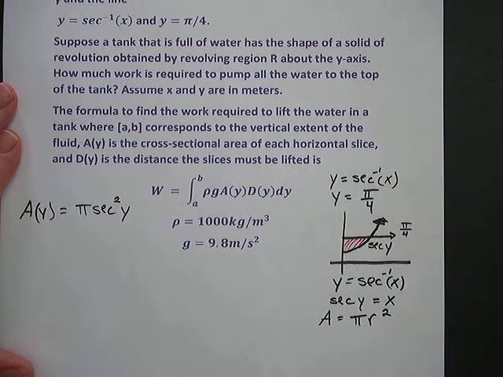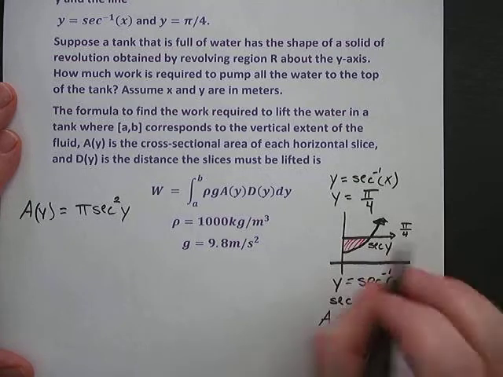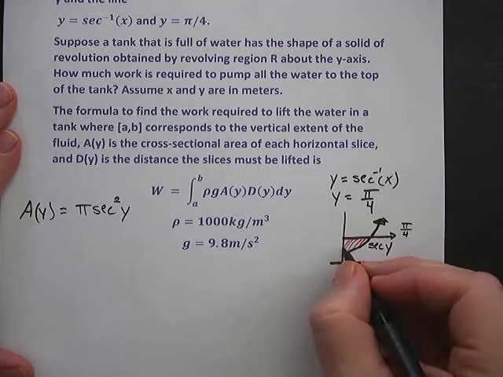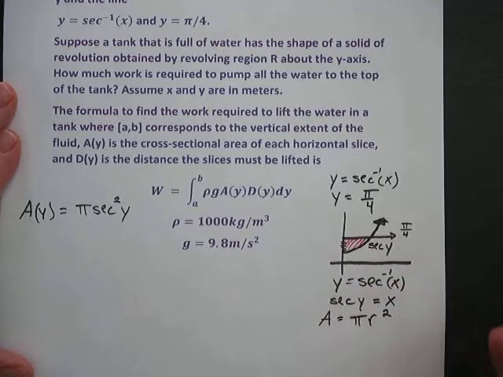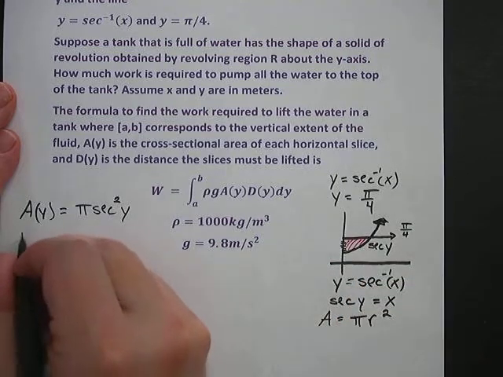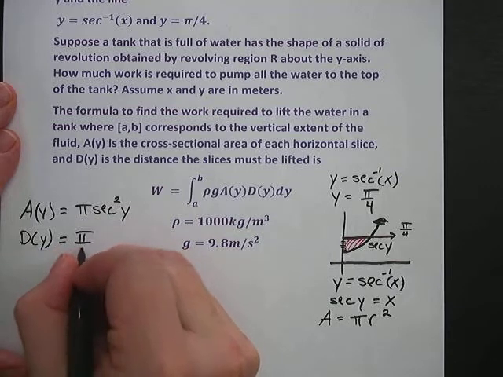So it needs to travel a distance of pi over 4 minus y. What is the y? It's just some arbitrary y value depending on where the water's at. So this is pi over 4 minus whatever that y is. So d of y is going to be pi over 4 minus y.